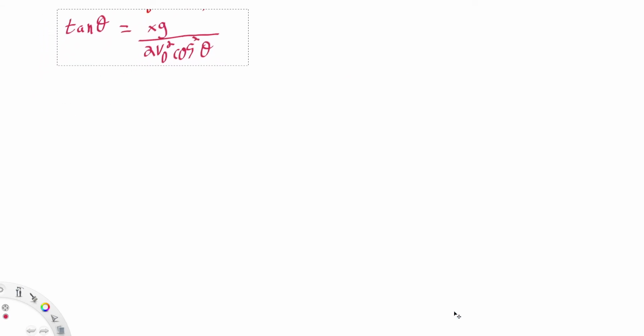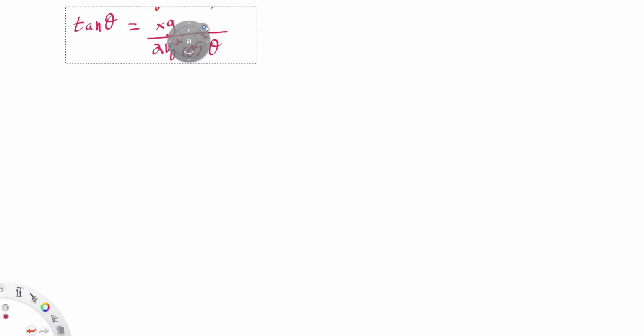I'm going to give myself some room to finish working this out. So if you solve for x, there's some easy bits to this. If we want to solve for x, we need to divide by g, we need to multiply by 2, we need to multiply by v naught squared, we need to multiply by cosine squared.